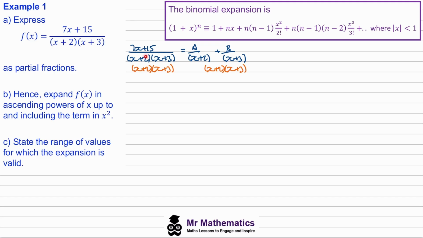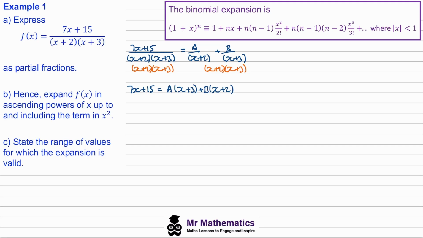And on the left-hand side, we'll see that these two will cancel. And on the right-hand side, the x plus 2 will cancel with this one, and the x plus 3 will cancel with this one. So now we have 7x plus 15 is equal to a times x plus 3 plus b times x plus 2.